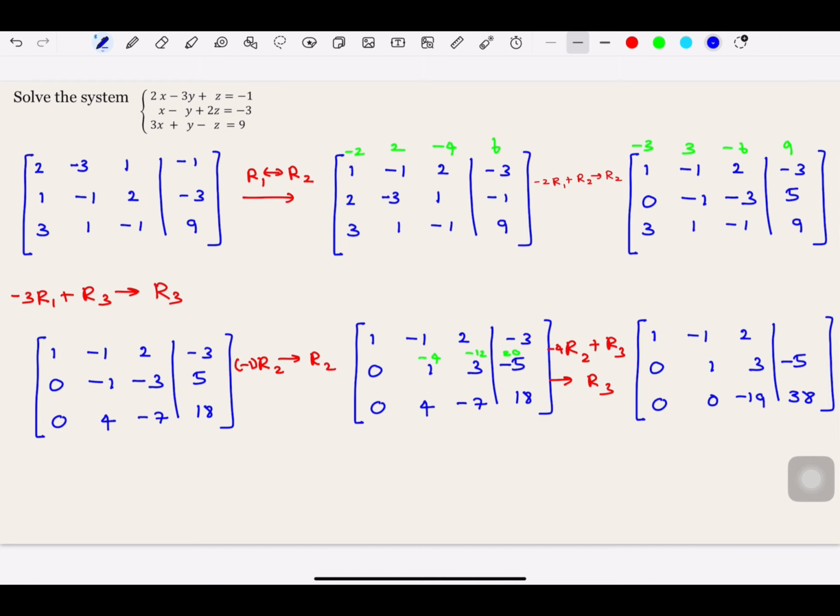Okay, now again we have to make this number a positive 1. To do that, you have to multiply the third row by negative 1 over 19. So let's multiply R3 by negative 1 over 19. If you do that, you'll get a system something like this.